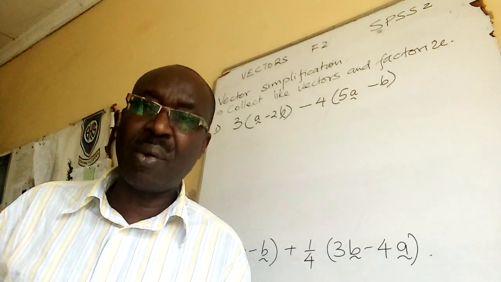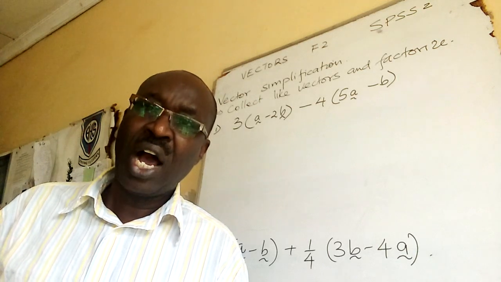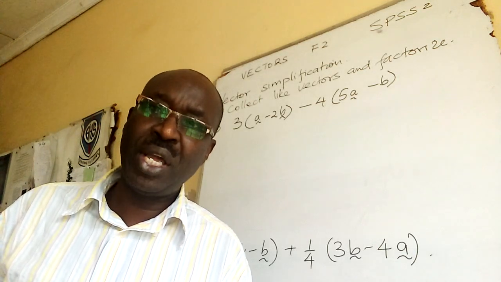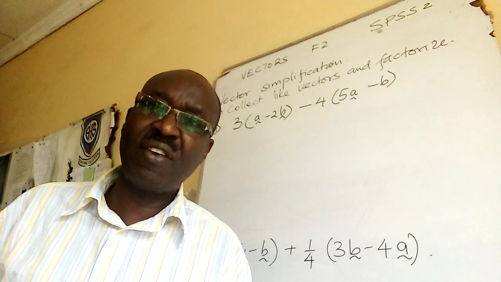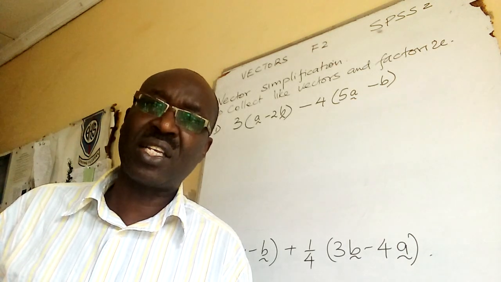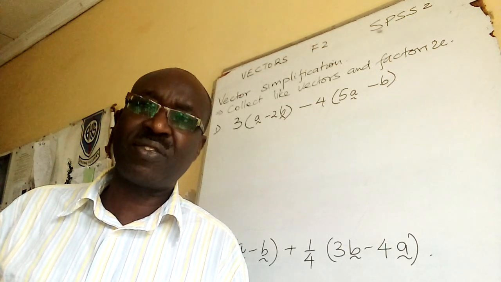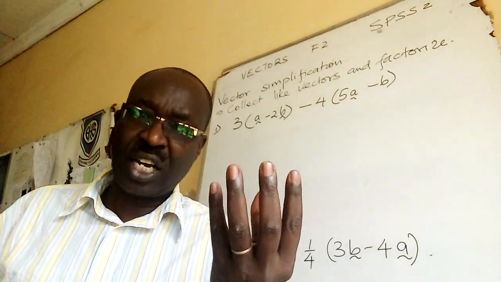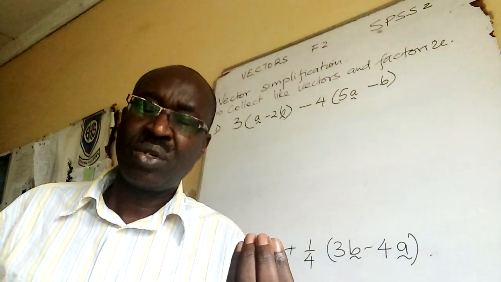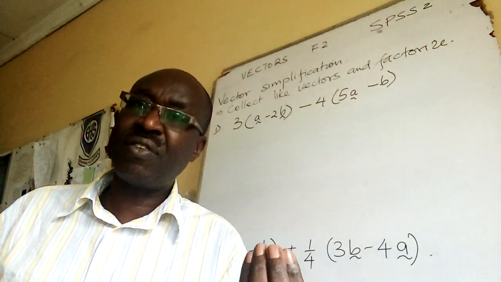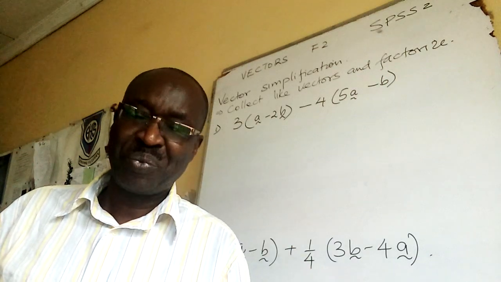So those ones must be brought together. Therefore, my expression will be 3x plus 5x plus 4y. And 3x plus 5x can be simplified to 8x. So at the end, I have 8x plus 4y.